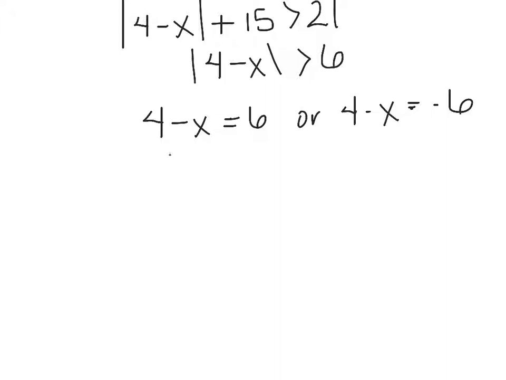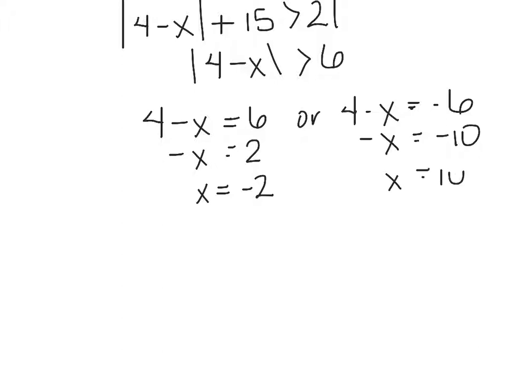Solve both equations. I'm going to subtract 4 from both sides, and my first endpoint is going to be x equals -2. On the right side, subtract 4, divide by -1, and I get x is equal to 10.